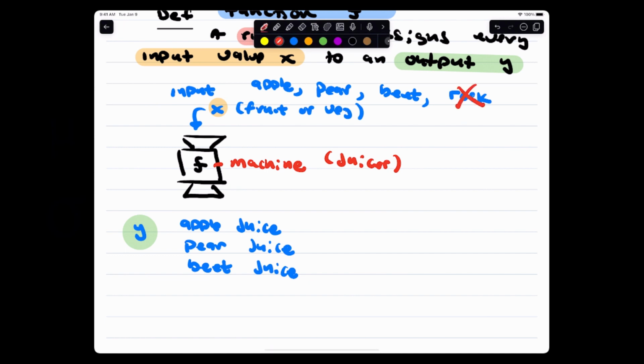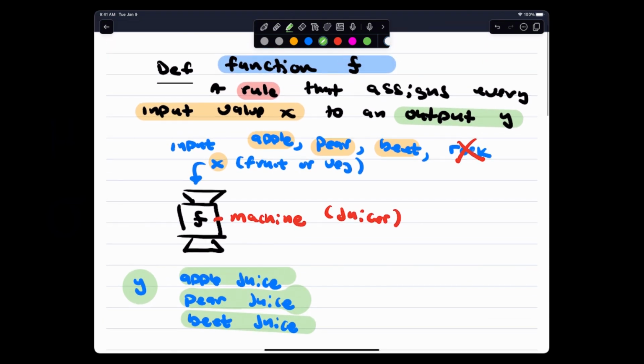You don't drop rocks in juicers, it'll break the machine. So there's only certain things you can put inside your functions, your machines, as inputs that will give you the corresponding outputs. Change the machine, change the situation.